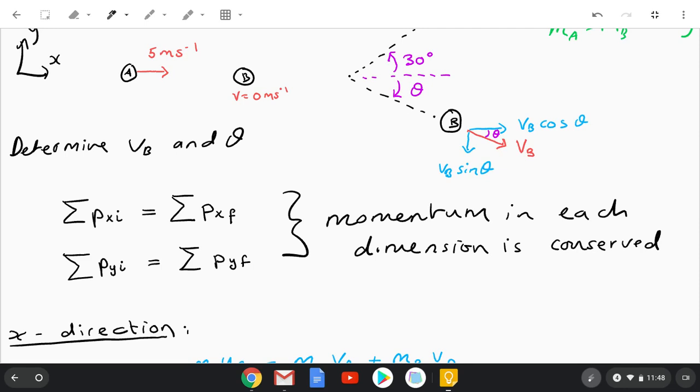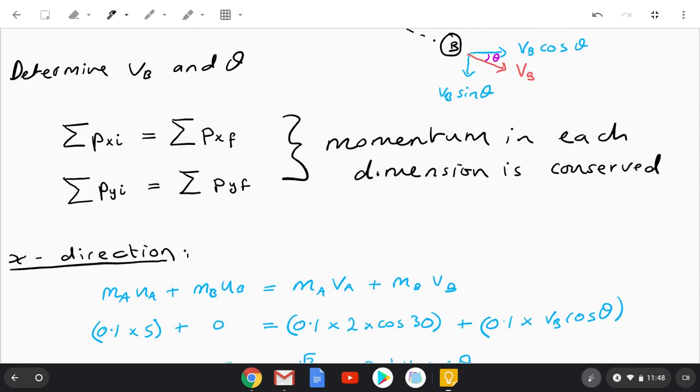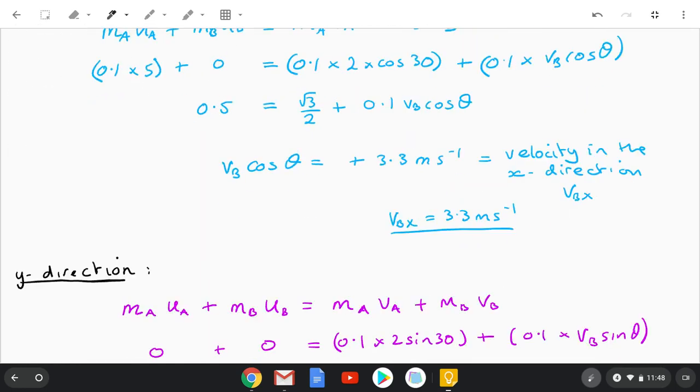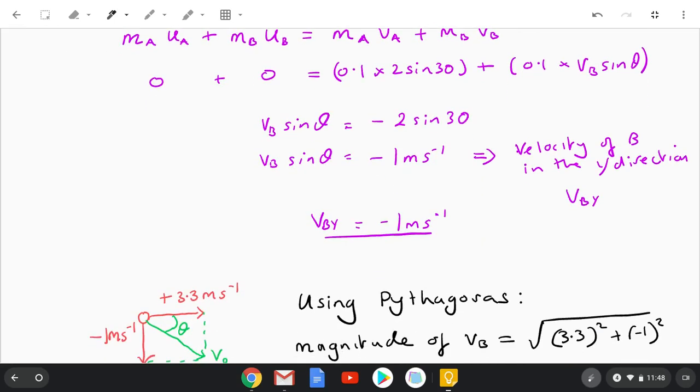Now, we can use trigonometry or Pythagoras to find the velocity of B. Because we found this component and we found this component, we can use trigonometry and Pythagoras to find both the angle and the magnitude of the velocity.